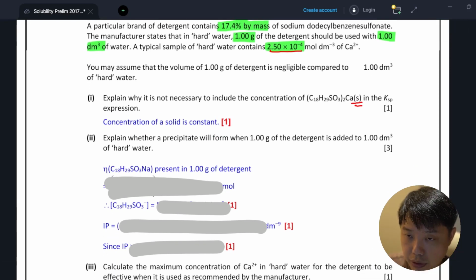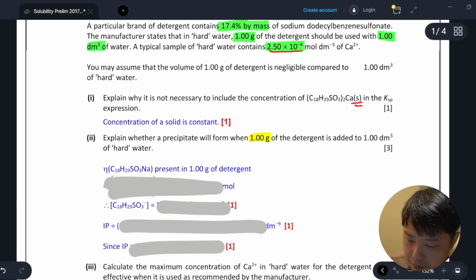This is a pretty standard tutorial question. Part 2, explain why a precipitate will form when 1 gram is added to 1 dm cube of hot water. First we need to calculate the concentration of the anion from 1 gram.